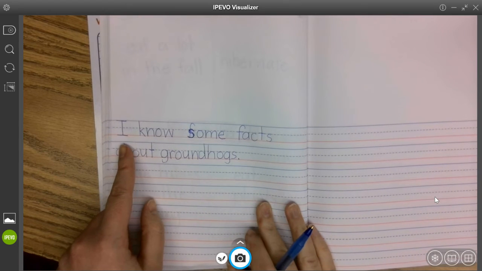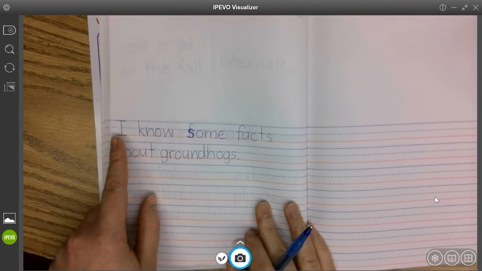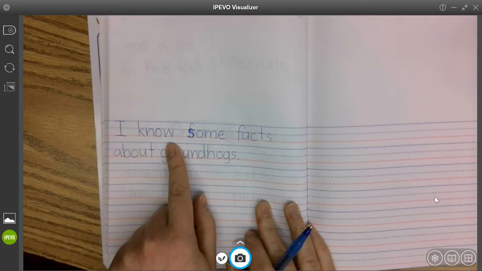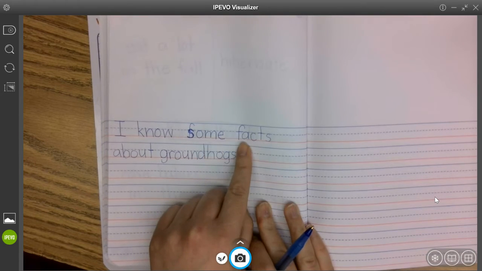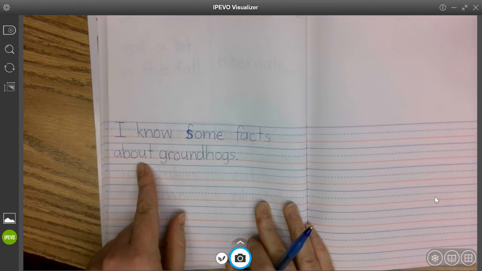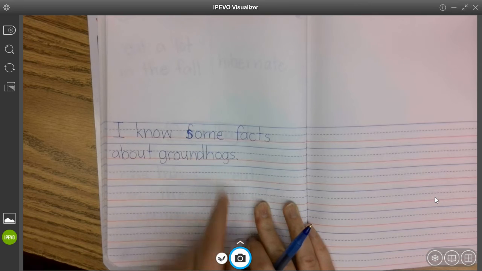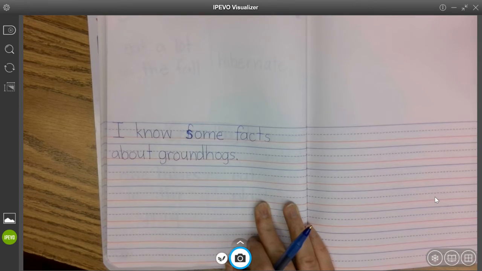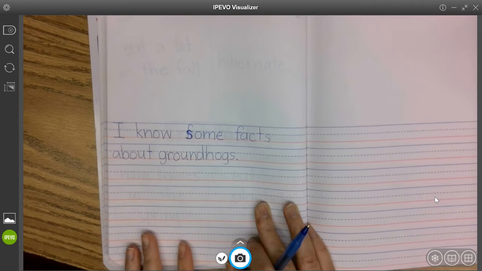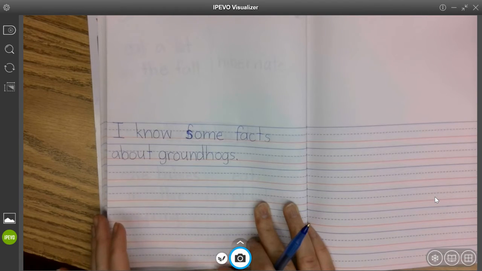Okay, so read it out loud. Ready? I know some facts about groundhogs. Okay, so on your own paper, make sure that you have all of those words in place. We are all using the same opening, the same introduction. Okay, because we're all talking about the same topic.